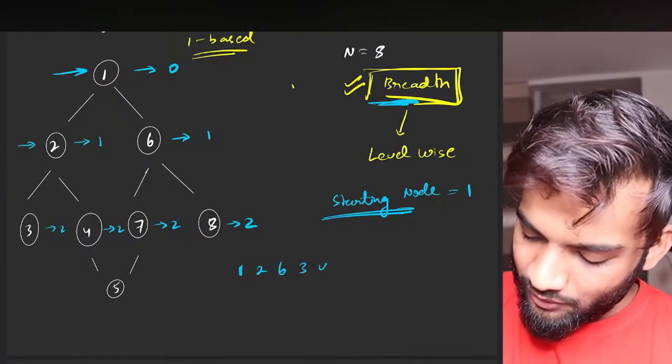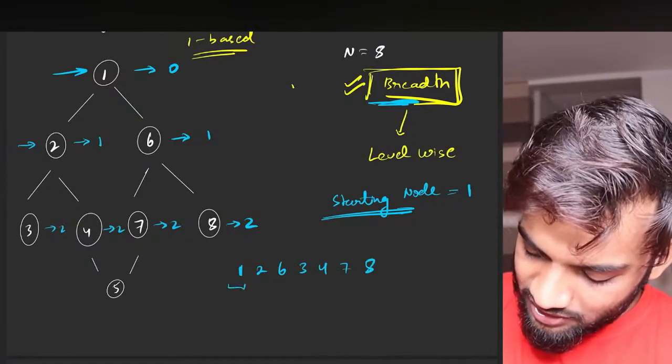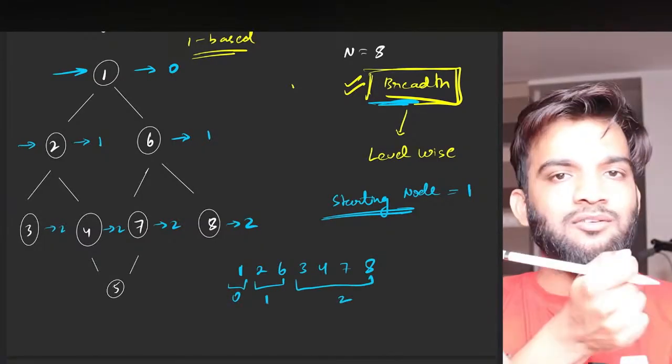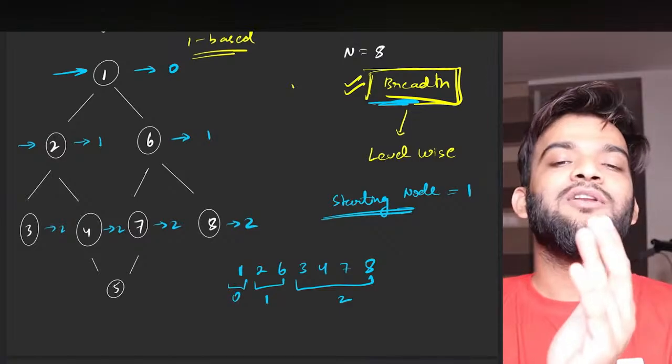So this is level 0, this is level 1, and all of these are level 2. Level 2 can be traversed in any order, but they should be traveled together.